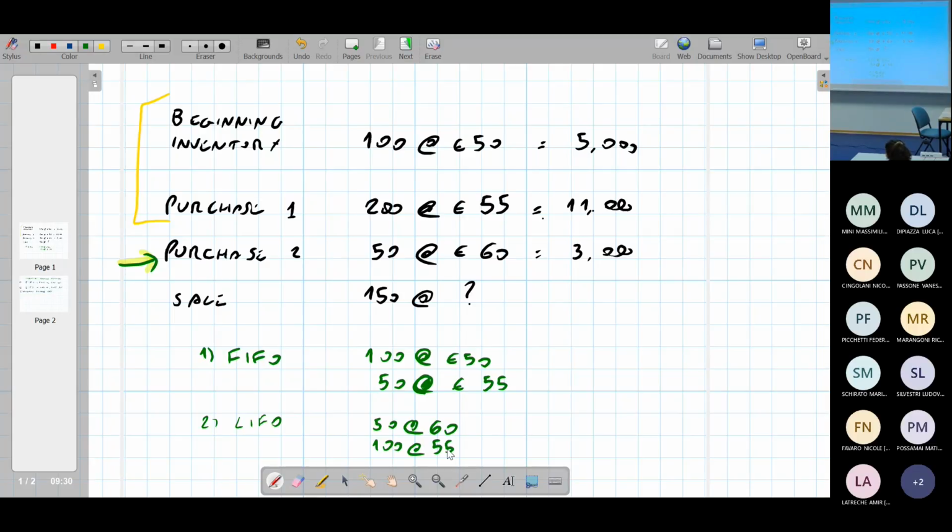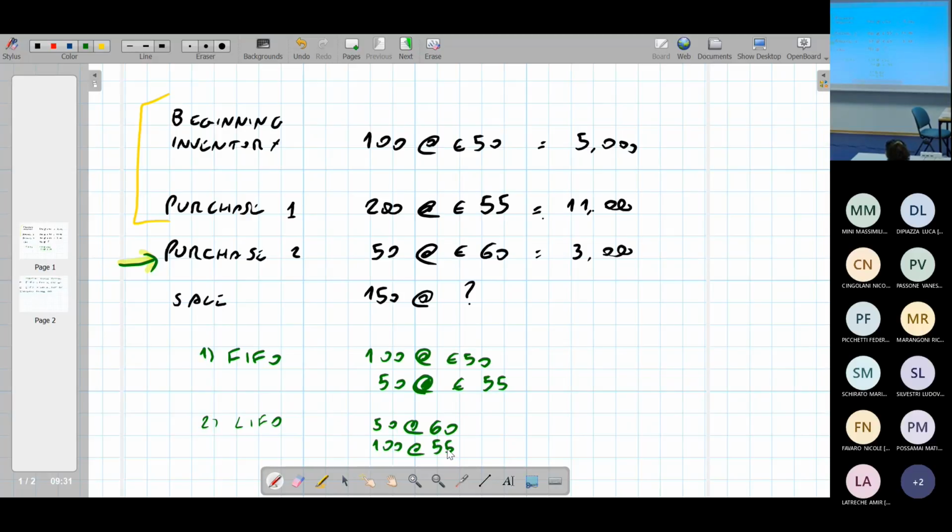Now we'll proceed with the example just to give you an idea of what we mean by LIFO and FIFO. Clearly, if you use LIFO, the oldest units are still in your inventory, because you sell the newest units first and the oldest you essentially never sell, unless you sell the entire inventory.